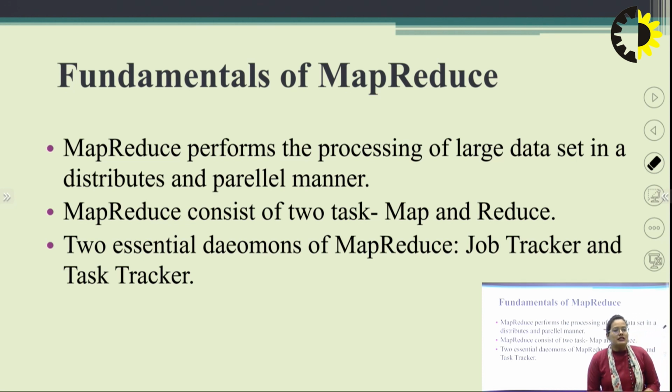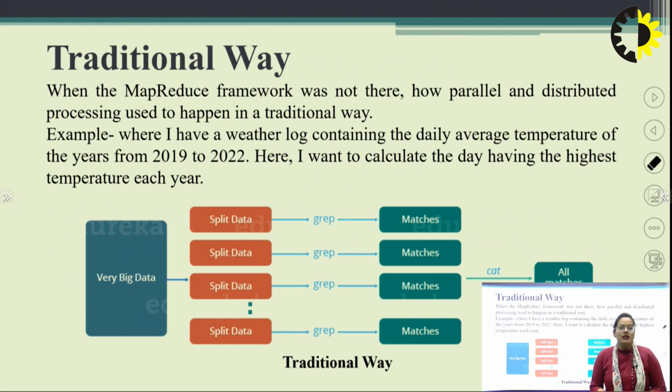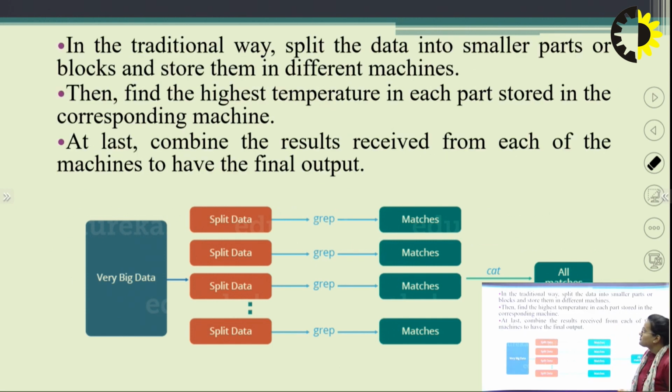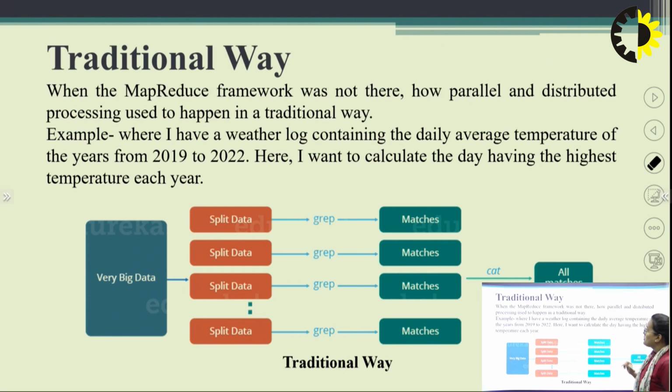Before discussing MapReduce briefly, we will see how distributed and parallel processing work in a traditional system. Let's see one example. Here, I want to calculate the day having the highest temperature each year, where I have a weather log containing the daily average temperature of the year from 2019 to 22.